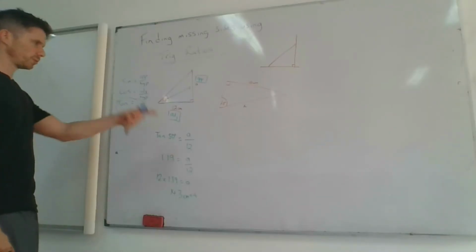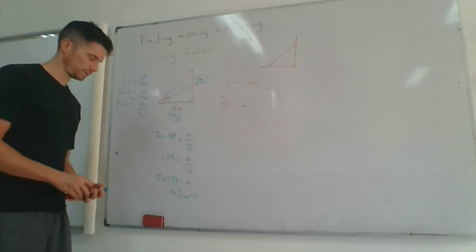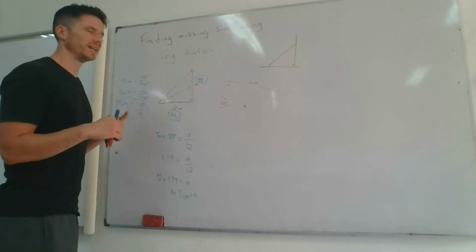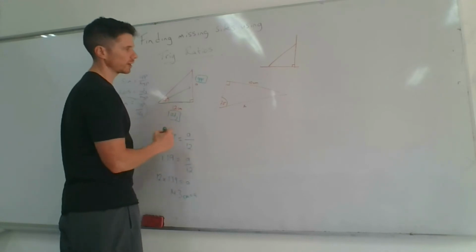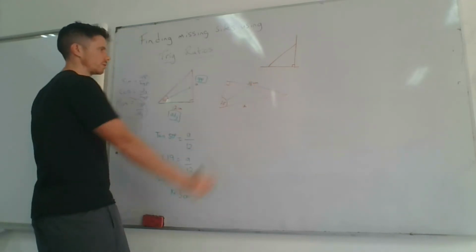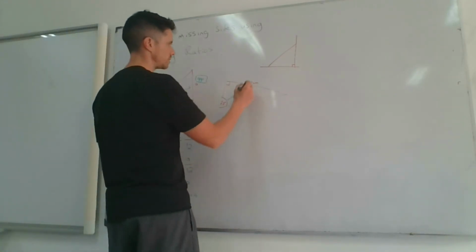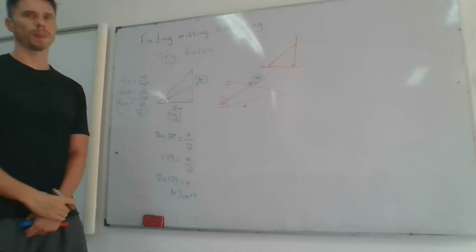Alright, so let's go through those steps for the second question here. First of all, I need to figure out which sides I'm dealing with. So I look at the right angle triangle. It's a little bit weird because it's kind of upside down, but the same things apply. Directly across from the angle is the side we know is 10 centimeters, so that is the opposite side.